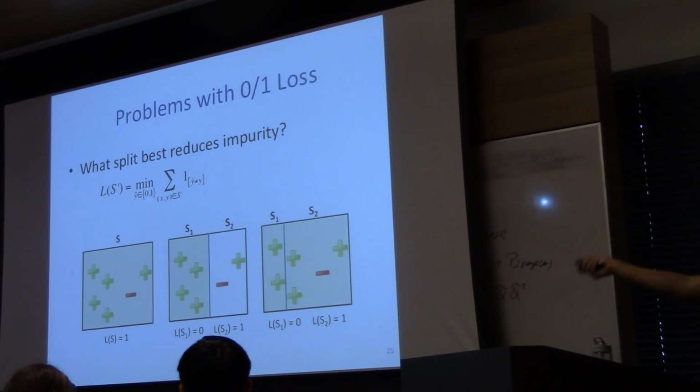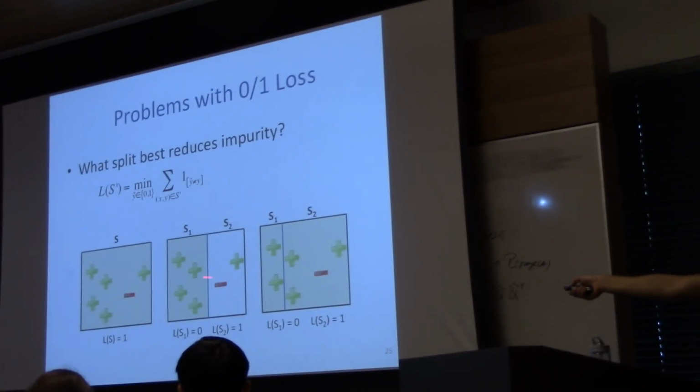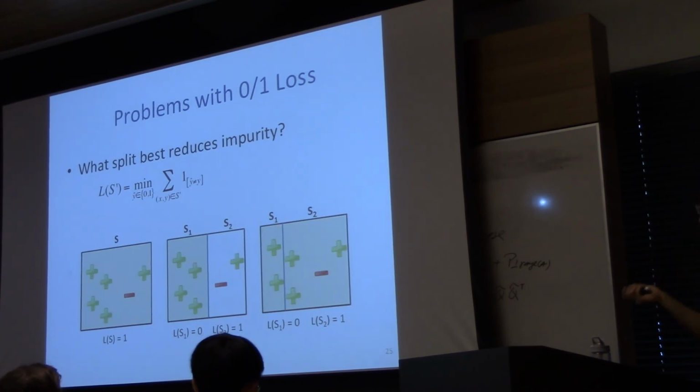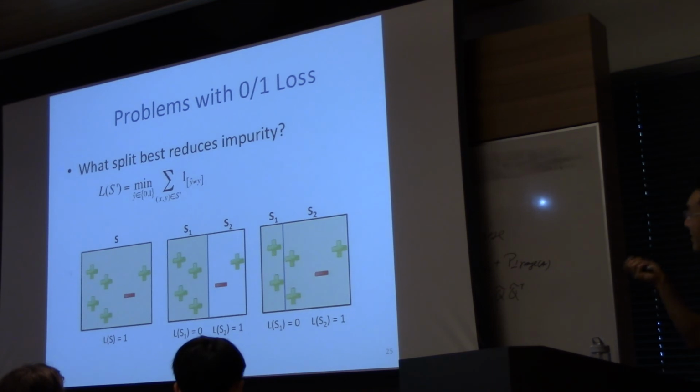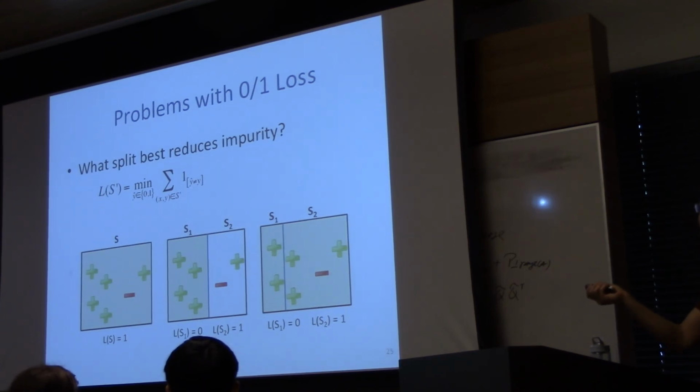Clearly, this is a better tree than this one, because if I just do one more split, I'm done. But if I don't think ahead that I'm going to do another split, and I just want to choose a single split that gives the best reduction in 0-1 impurity, then my learning algorithm is actually indifferent between splitting and not splitting. And this again alludes to the fact that 0-1 loss is flat and discontinuous everywhere.